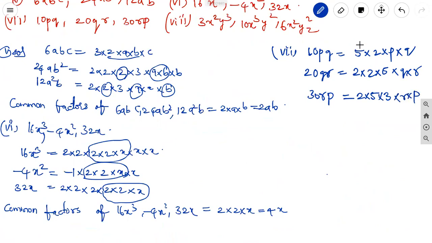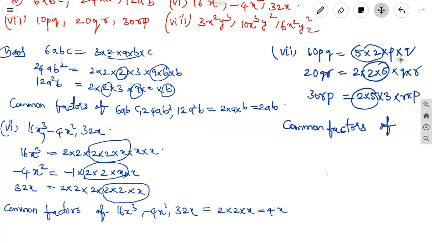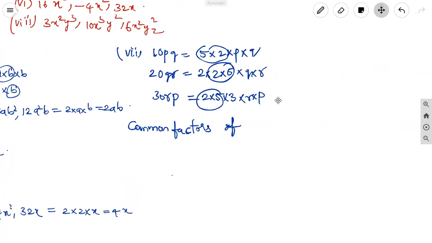So what is common? 5 2s are 10, 10, 10. Here there is no common variable. So the common factors of 10pq, 20qr, 30rp equal 2 into 5, that is 10, the common factor of the given 3.